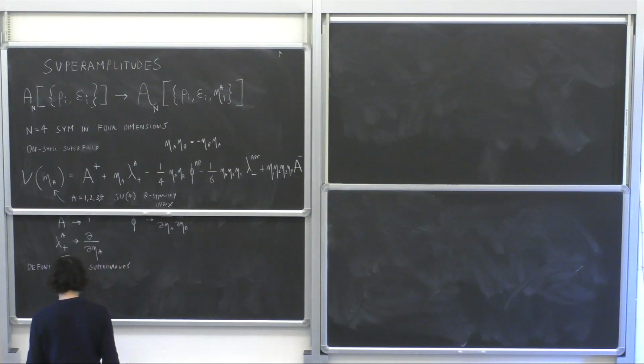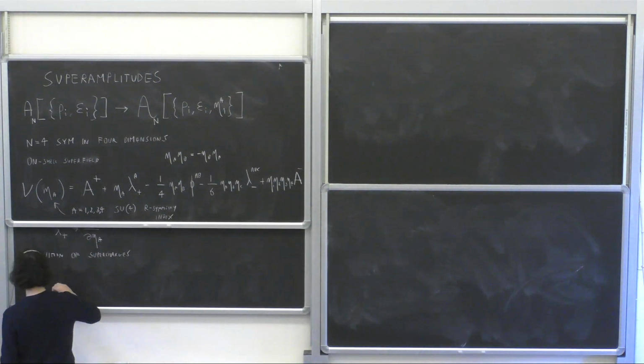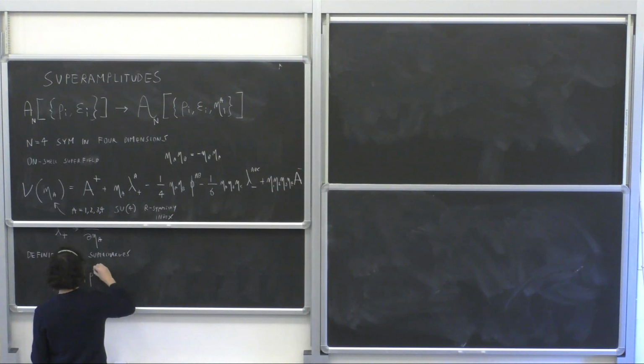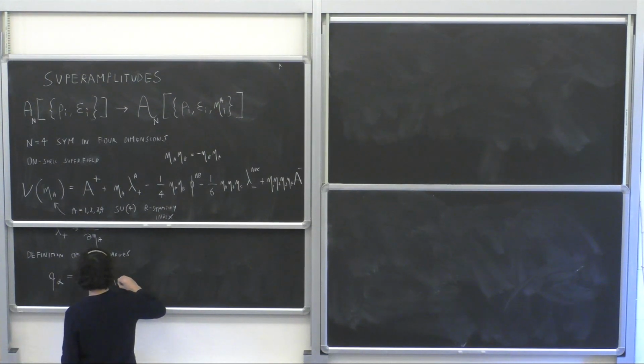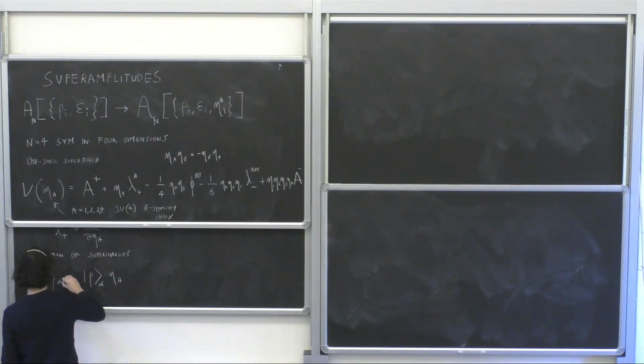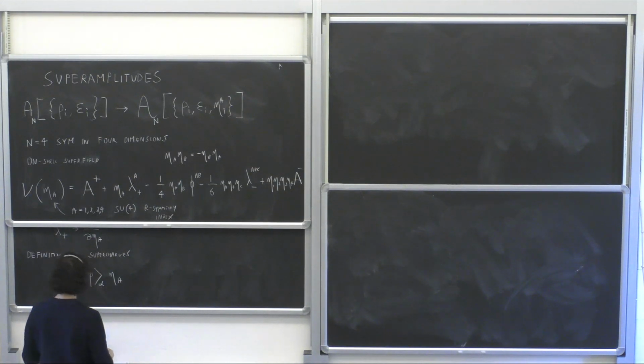Or rather, one particle supercharges. So if we have an individual particle, you can define a supercharge as we're having here the angle spinor, and then this acts by multiplication with the Grassmann parameter eta.